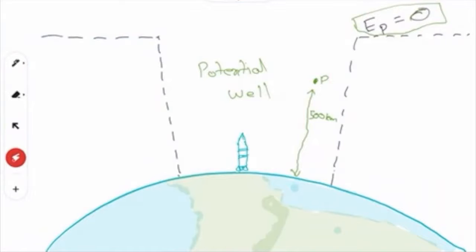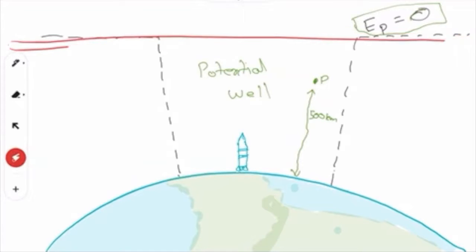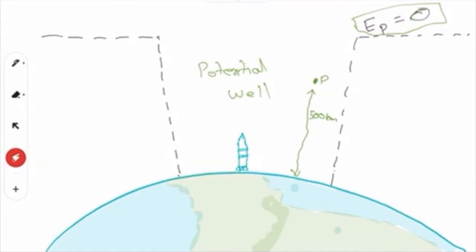Let's say this is a potential well. So what that is basically, at this level, which is very, very far away from the Earth, you would have basically zero gravitational potential energy.